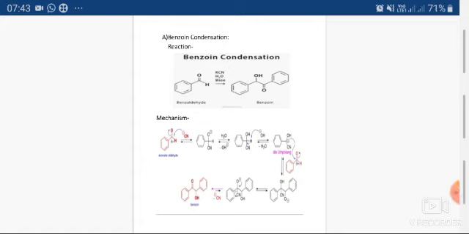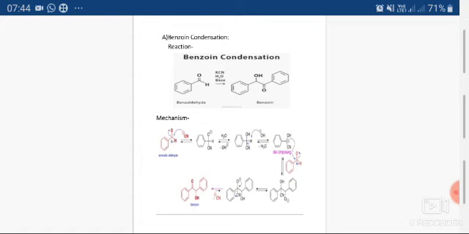Now this carbanion is very unstable, so it tries to attack another electrophilic group. This electrophilic site is provided by the second molecule of benzaldehyde, and the carbanion attacks on the carbonyl carbon of the benzaldehyde.